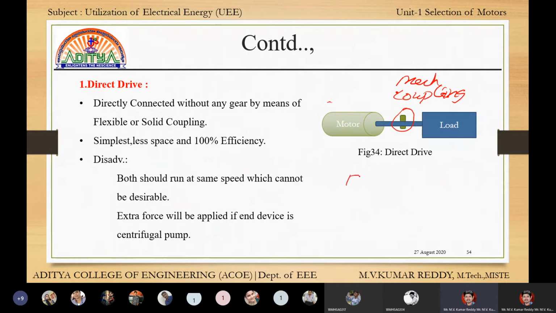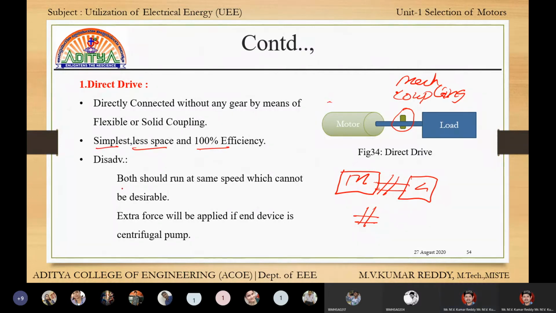Generally we observe it in motor generator sets. Mechanical coupling is directly indicated with a hash. Hence it is directly connected. It is simplest, takes less space, and has 100% efficiency.